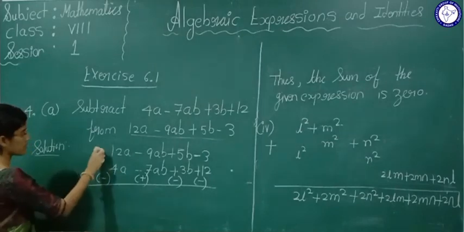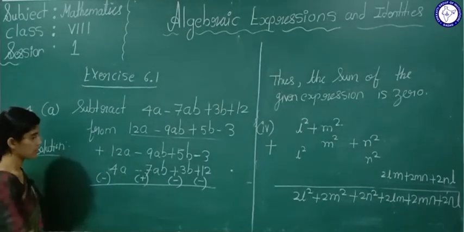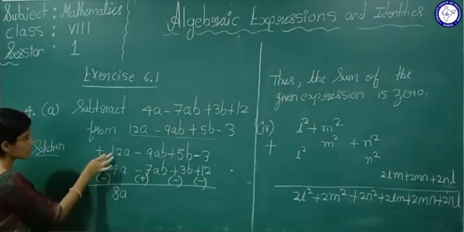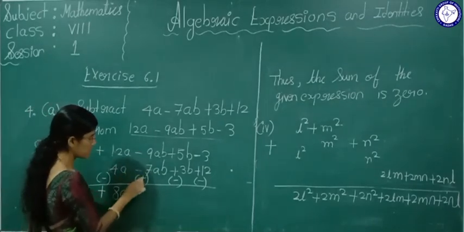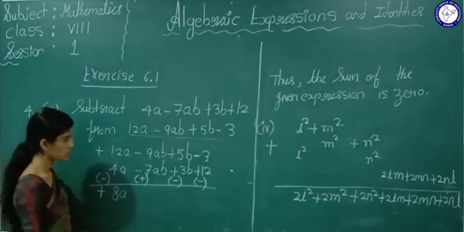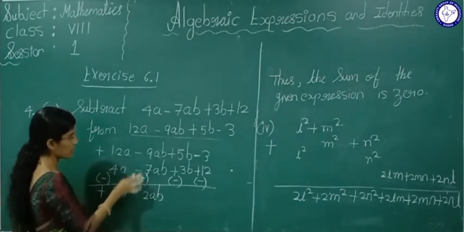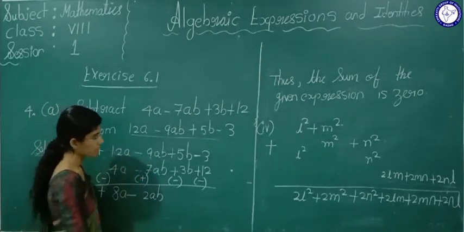Now plus minus is minus. 12 minus 4 is 8A, which is the bigger number. 12 has plus a sign. Now minus plus is minus. 9 minus 7 is 2AB, right, which is the bigger number. 9 has minus sign, you have to keep a minus.